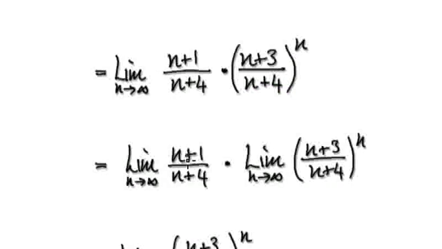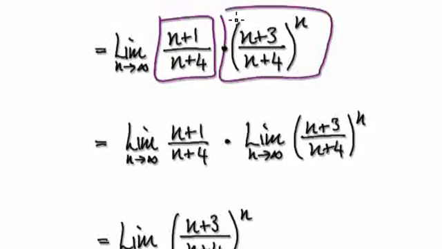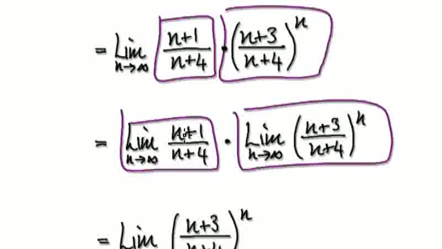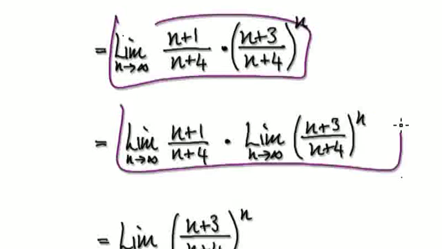Okay, and then when you get to this stage here, finding the limit of one thing multiplying another thing is the same as finding the limit of one thing and then finding the limit of the other thing and then multiplying the two together. We've done this from our section on limits years ago. So this here is exactly the same as this.